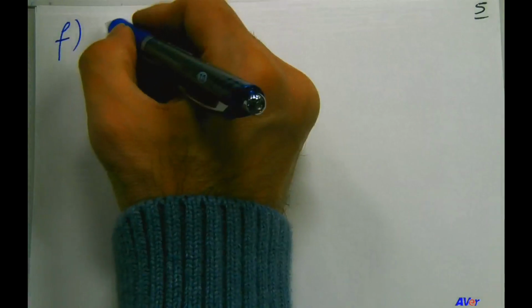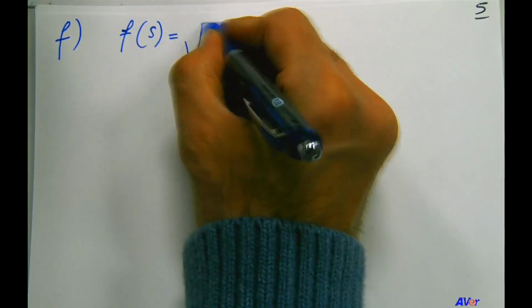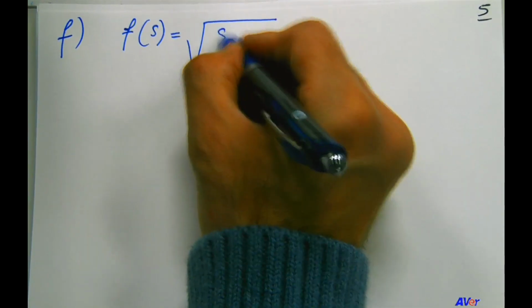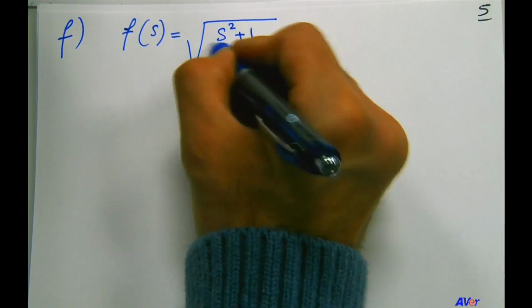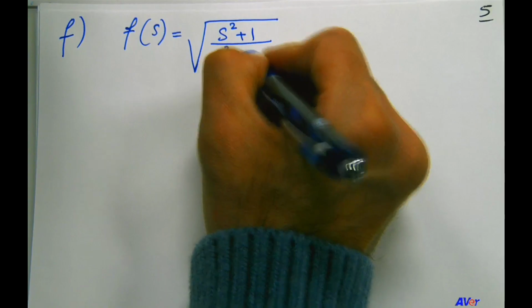So let's do another example. We want to differentiate, or find the derivative of, this expression, which is the square root of (s squared plus 1) over (s squared plus 4).